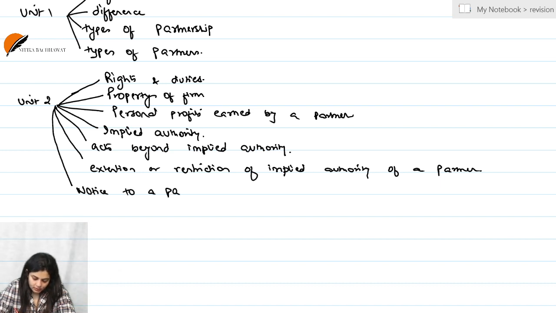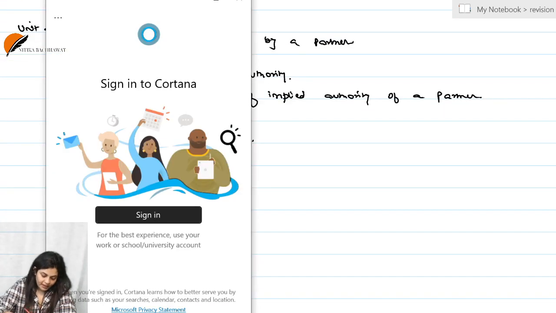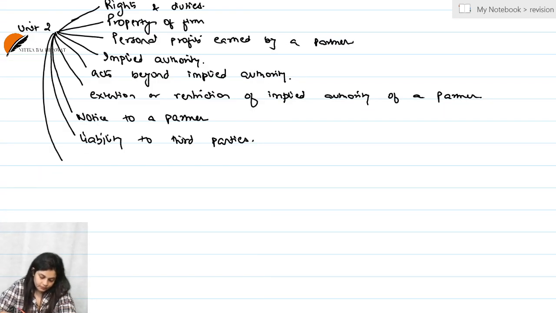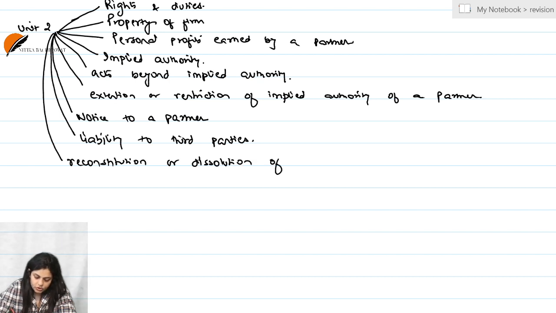notice to a partner, then liability to third parties. We had discussed three heads here, and finally reconstitution or dissolution of partnership, which was 6 ways: admission, retirement, death, insolvency, expulsion, and transfer of shares.